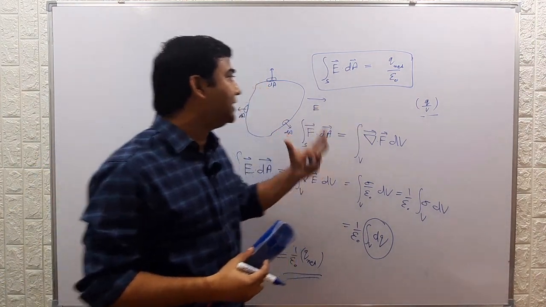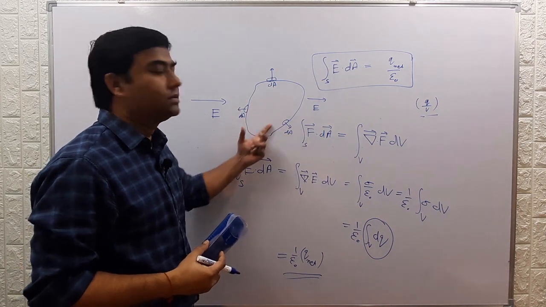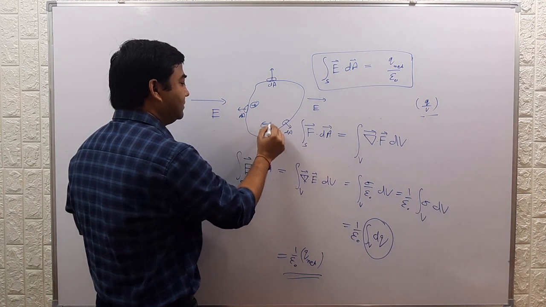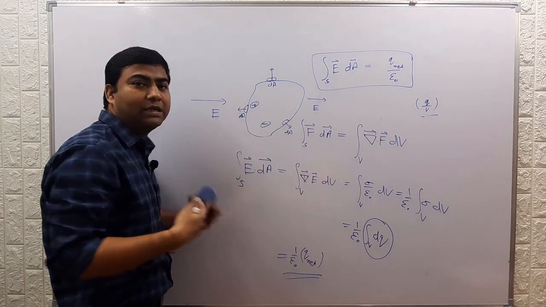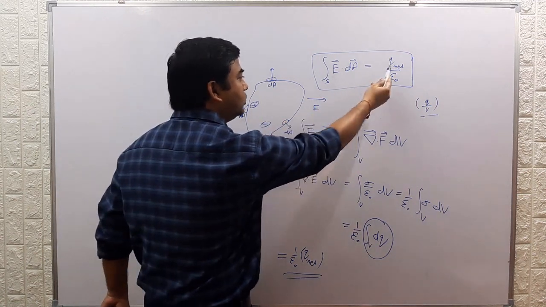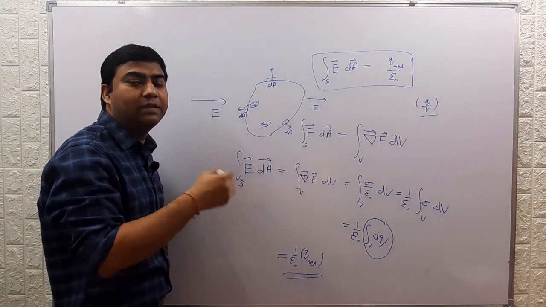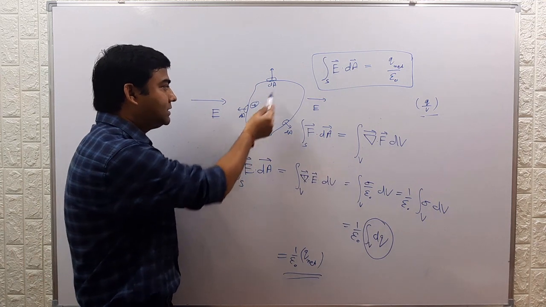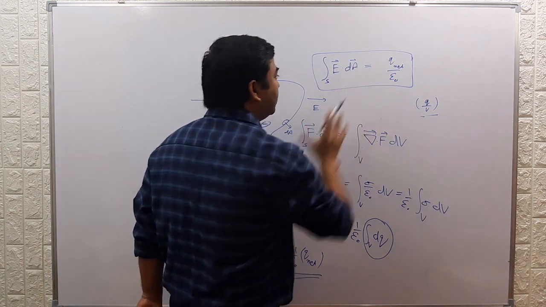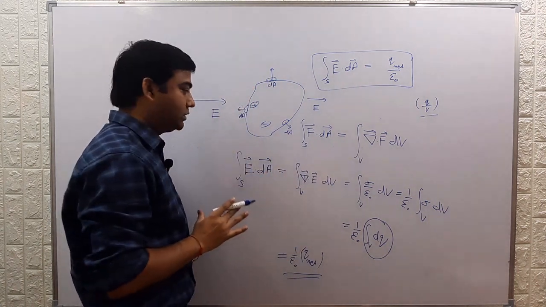Q net is the net charge inside this volume. It may have some positive charges and some negative charges, so we algebraically add all those charges inside this Gaussian volume to get Q net. This is called the integral form of Gauss's law.